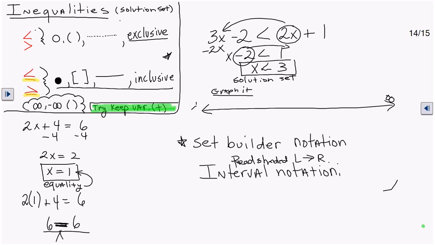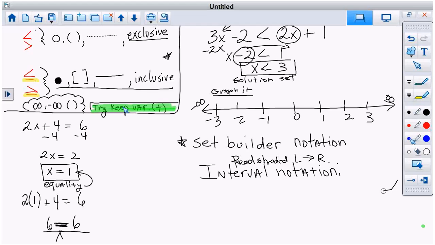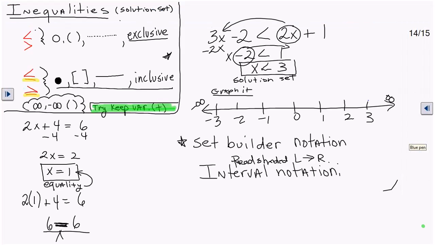That's negative infinity. 0, 1, 2, 3. Negative 1, negative 2, negative 3. And I'm going to graph 3. I'm going to use a blue marker, and that's going to be an open circle on 3.